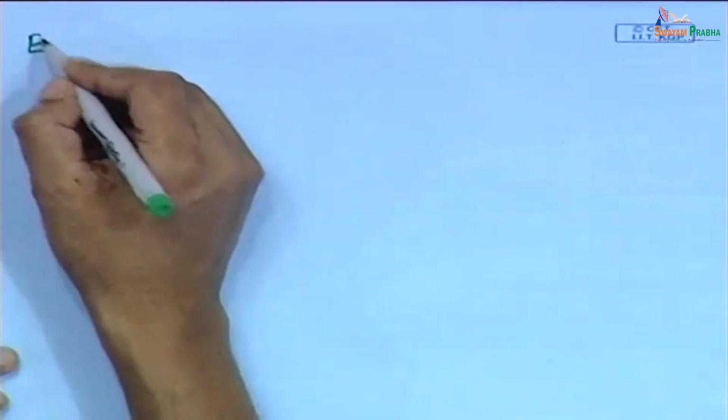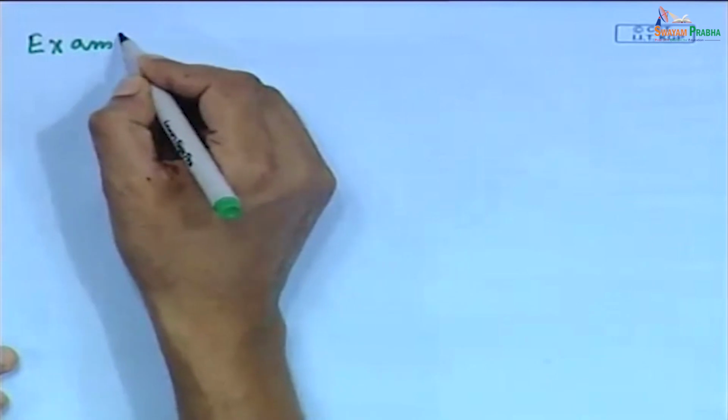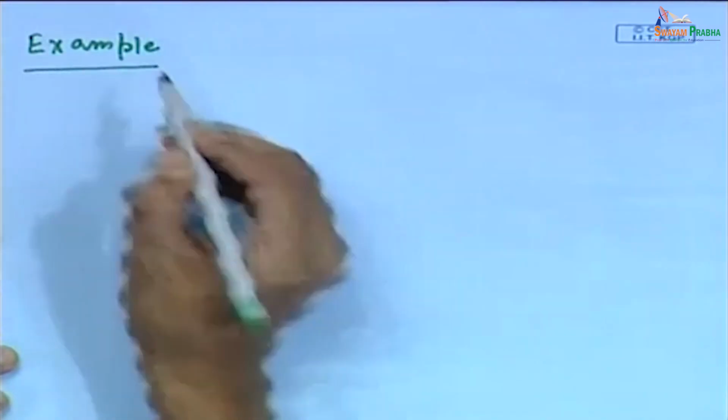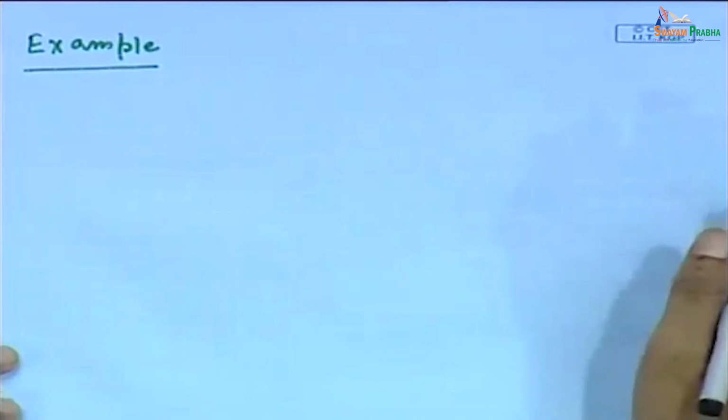Now, we will just take one example, which has two state variables. We have considered one CSTR example previously, and we will continue to linearize it using this Taylor series expansion. Fine. So, next we will consider one example which we have discussed earlier.